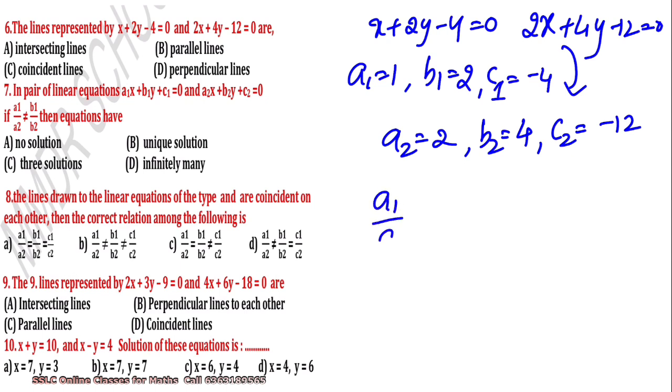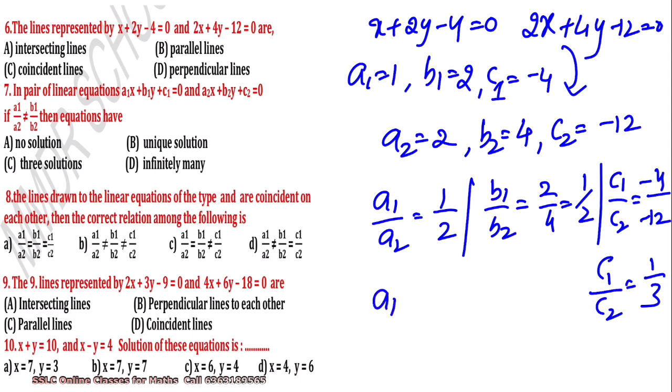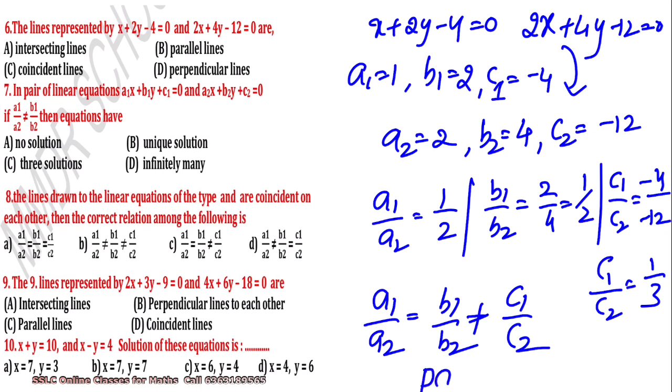If you see the ratios, A1 by A2 is 1 by 2, B1 by B2 is 2 by 4, which is 1 by 2, and C1 by C2 is minus 4 by minus 12, which is 1 by 3. The condition is A1 by A2 equal to B1 by B2 but not equal to C1 by C2. These are the conditions satisfying parallel lines, so option B is the right answer. Hope this is understood.